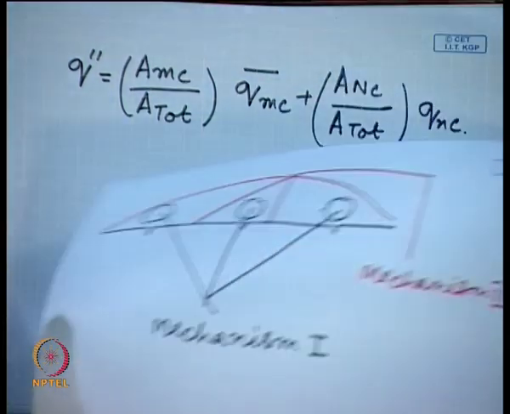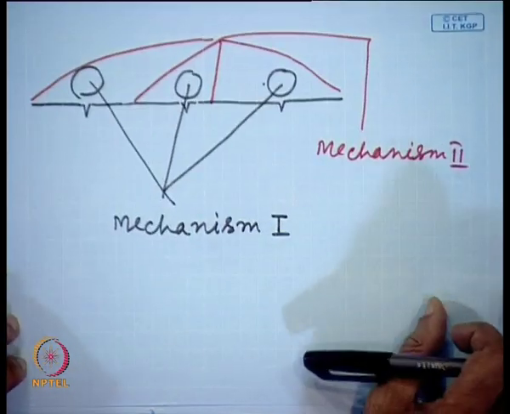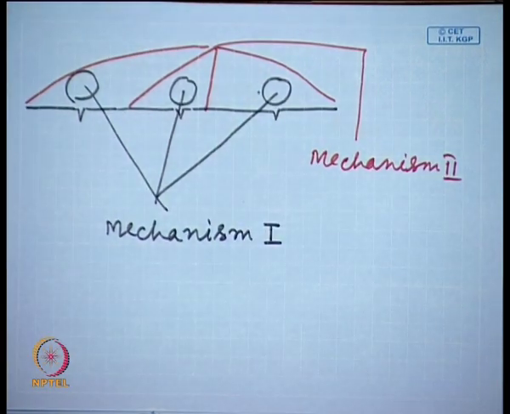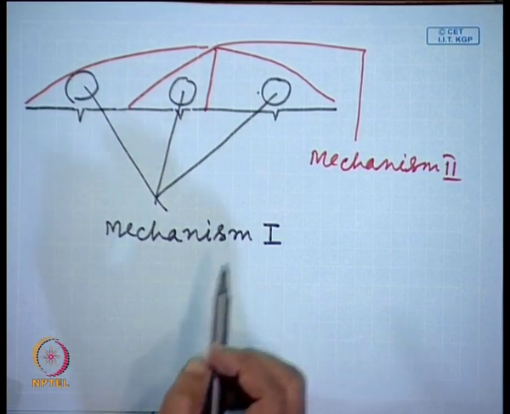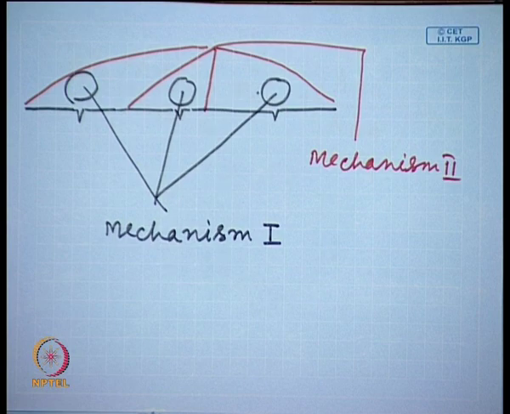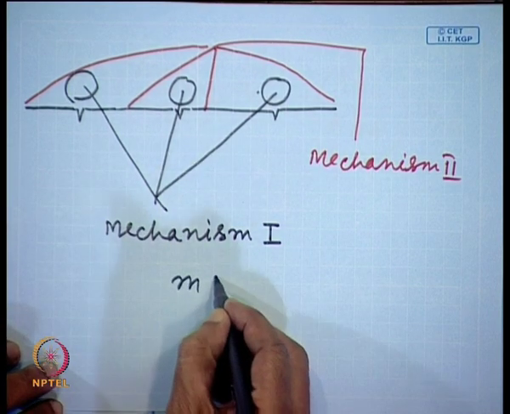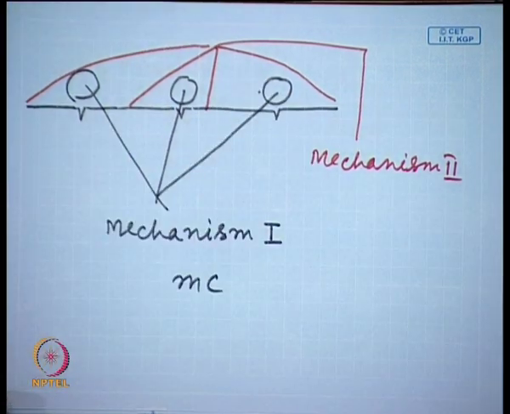We can assume that there are two mechanisms working side by side. One is micro convection, which I have called mechanism 1. See, the bubbles are moving, so there is some sort of micro convection. Even one can involve the latent heat of vaporization in this mode of heat transport.